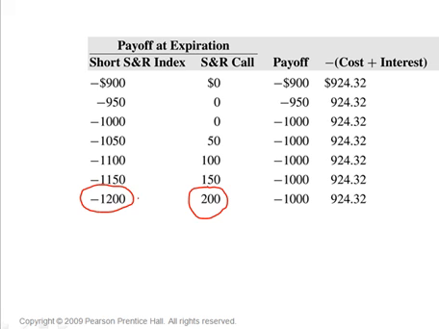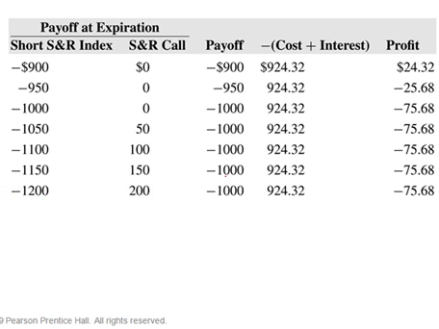So what happens is we still have to go to the market and acquire the index for $1,200, buy it back for that amount, and that's going to create a cash outflow. But the call option gives us a positive payoff of $200, and so our total required payout is only $1,000 when the option expires 6 months from today.